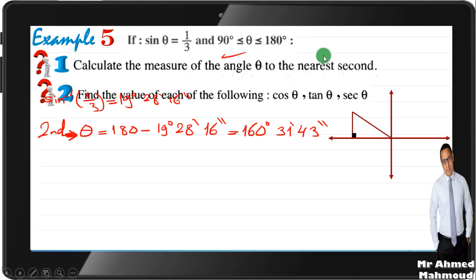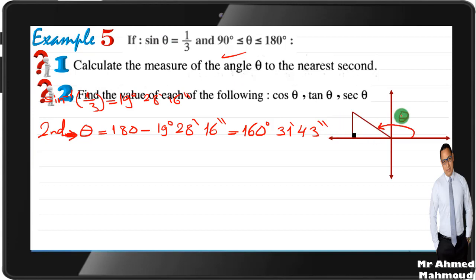Theta comes from the standard position till this line, because theta belongs to the second quadrant. Here sine theta equals 1 over 3.